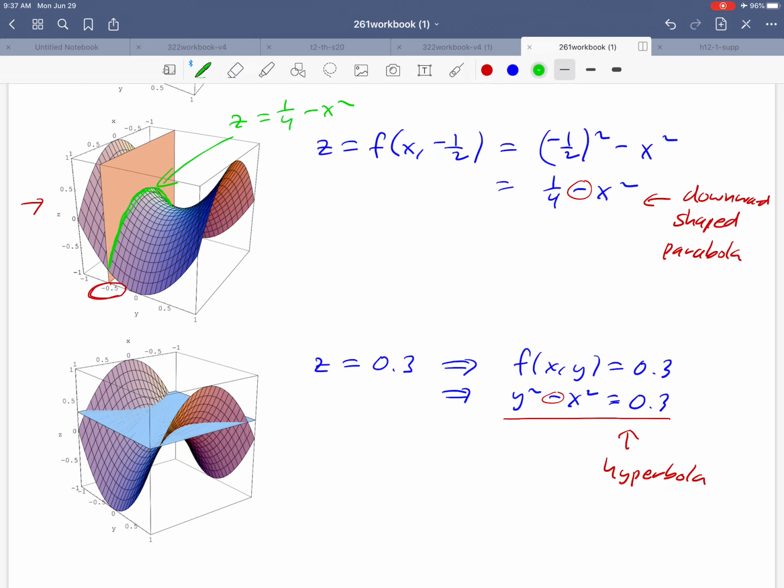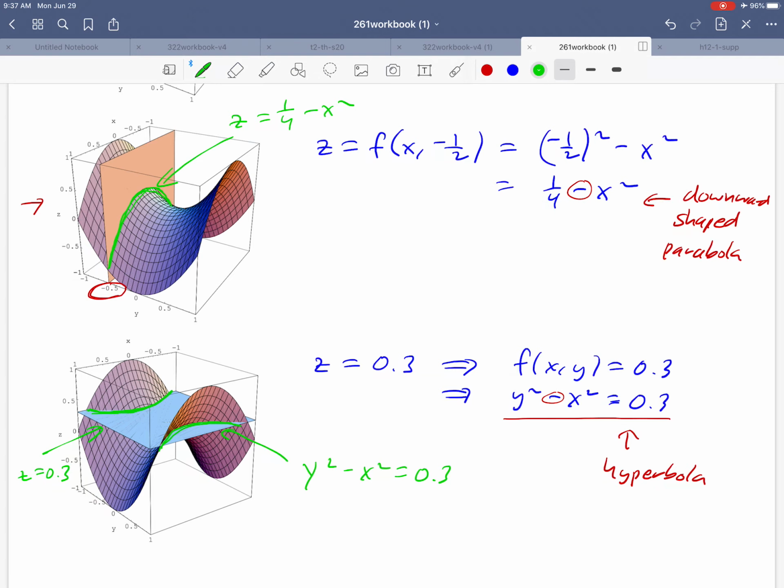And we can see that hyperbola by going over here to the left and noticing where that flat plane, z equals 0.3, slices through our surface, and there are actually two pieces to it, here and here. Those two pieces together are the hyperbola that this equation over here to the right represents.